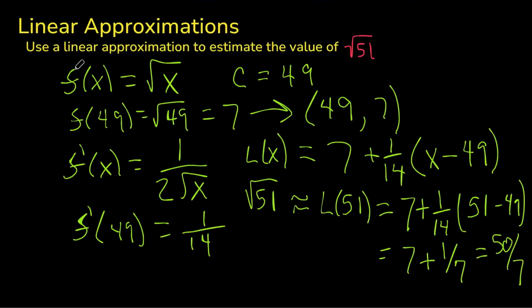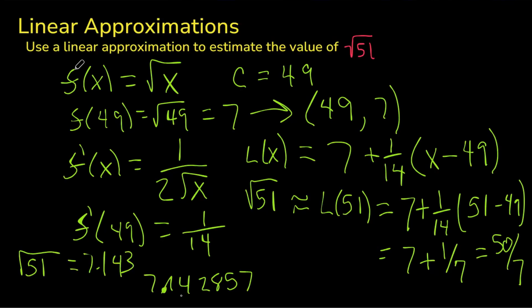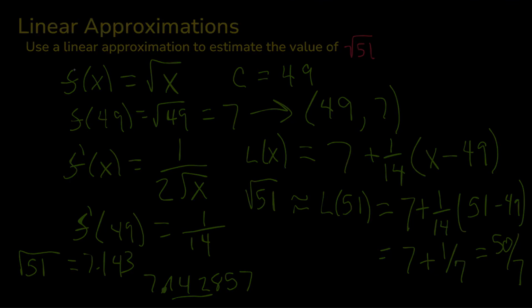Now, 50/7 as a decimal is 7.142857. Square root 51, rounded to 3 decimal places, is 7.143. Notice if we round this to 3 decimal places, we get the same value. So our approximation is very, very good.